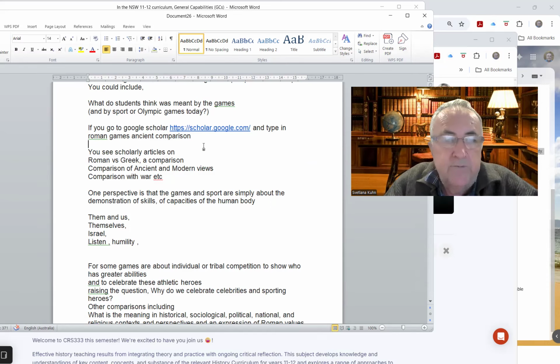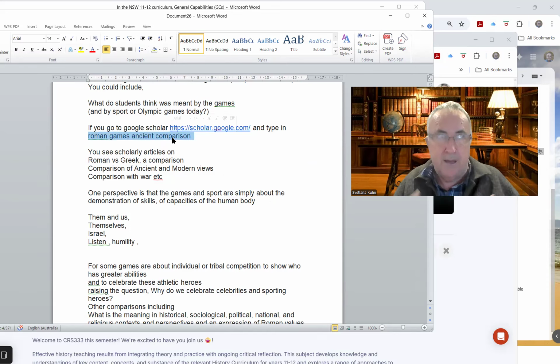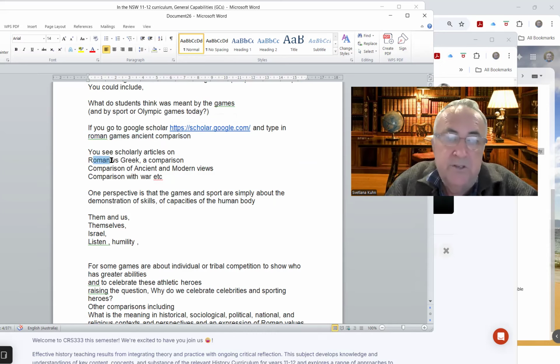There are scholarly articles. If you go to Google Scholar and you're interested in comparison, such as in the Roman or Greek games, you could type in Roman Games Ancient Comparison, and it would bring up a number of scholarly articles on Roman versus Greek culture and games and the ways they viewed them, or Roman ancient games versus modern views of games, or games in comparison to war.